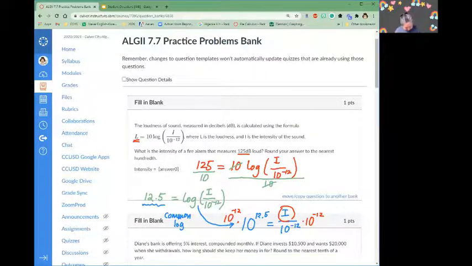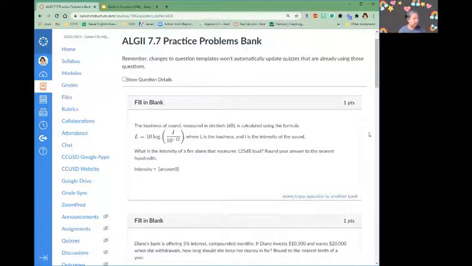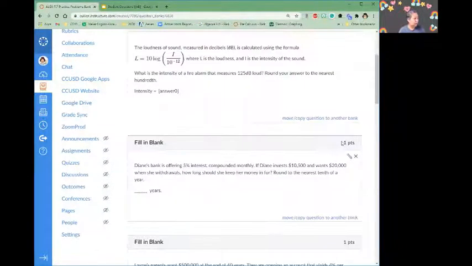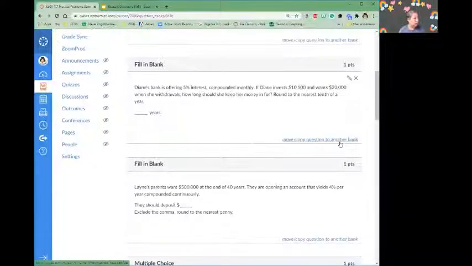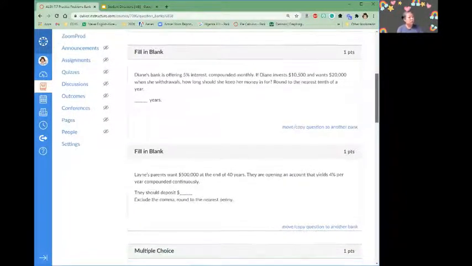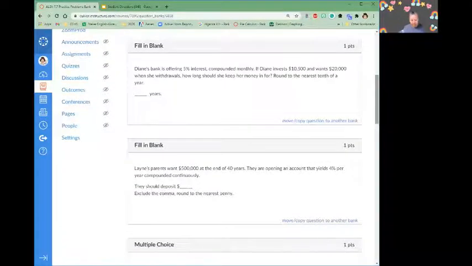Okay. Then clear. Then let's do a compound interest problem. Okay, Diane's bank is offering 5% interest, compounded monthly.